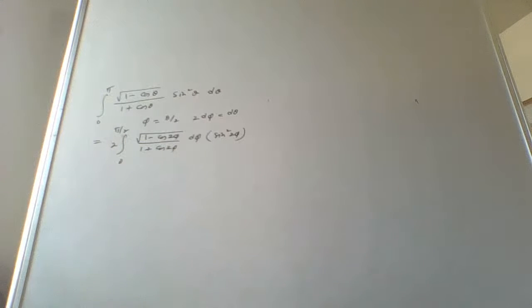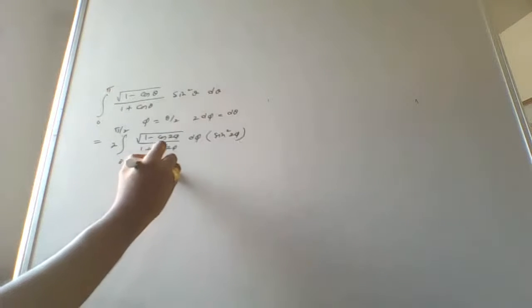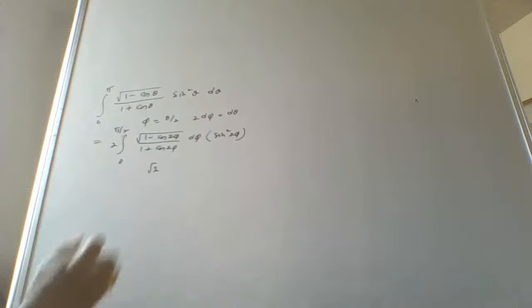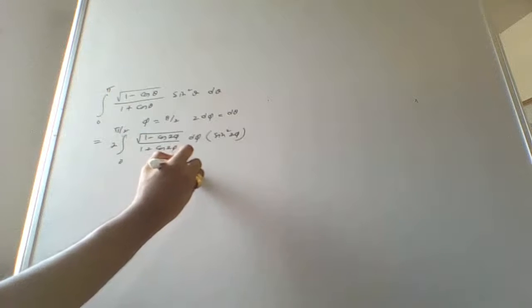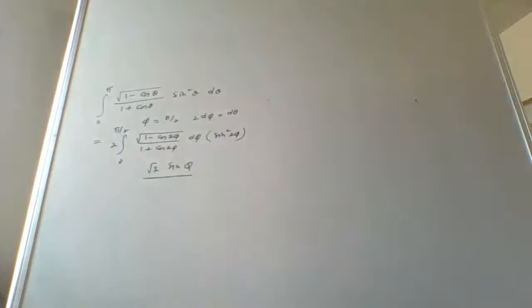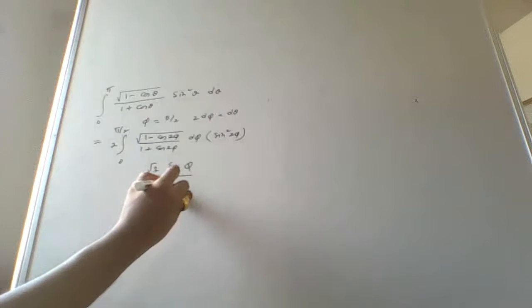Okay, let us try to simplify this further. So I can write this as root 2 sine phi divided by 2 times cos square phi.